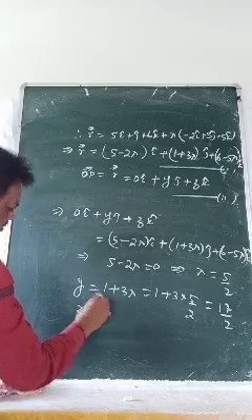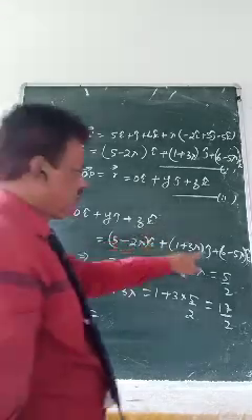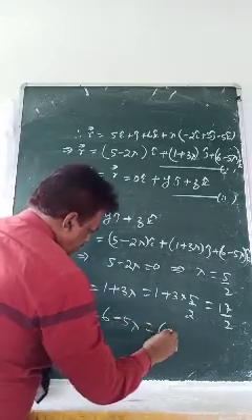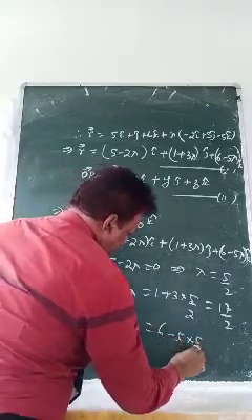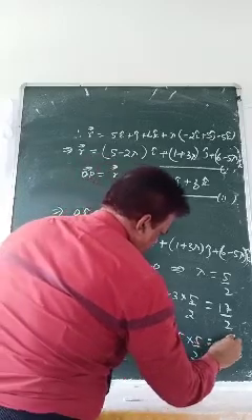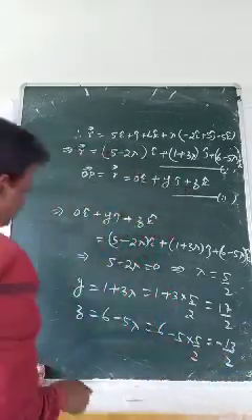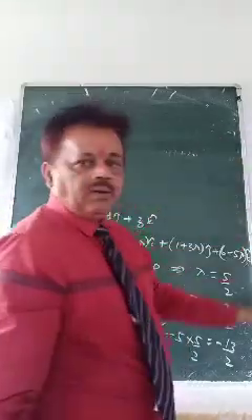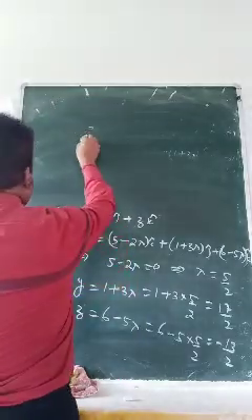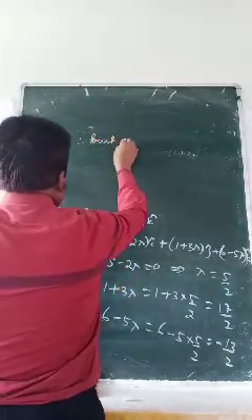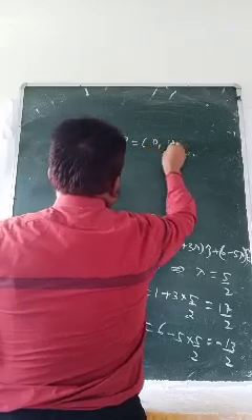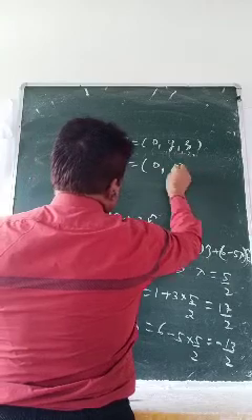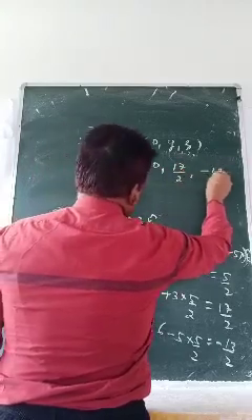Z equals 6 minus 5 lambda, 6 minus 5 into 5 by 2, that is 12 minus 25 over 2, which is minus 13 by 2. Therefore, the point P is (0, y, z), that is (0, 17 by 2, minus 13 by 2).